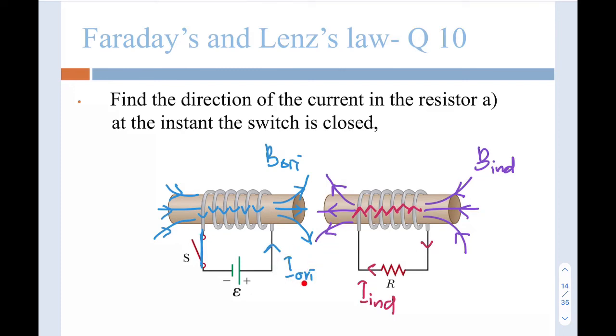The amount of the I will be decreasing, isn't it? Then the B original will also be decreasing in amount. So B induced will be in the same direction as the B original, because the idea is not to have the change, to oppose the change.